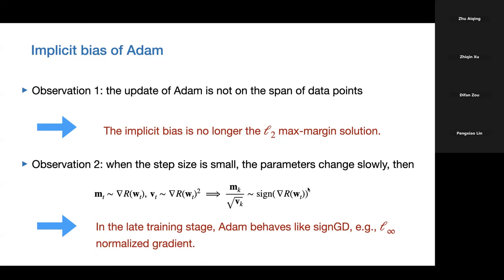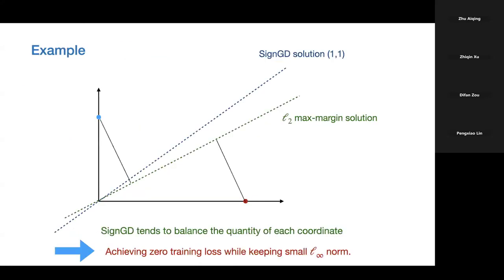So these are just two basic observations, and then we see what happens. First, we can use a very simple case to show that sign gradient descent will have a different implicit bias compared to the L2 max margin solution.